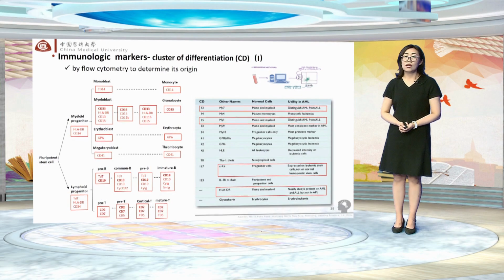For example, CD13 and CD15 can help distinguish AML from ALL, as well as specific subtypes. For example, CD41 and CD42 are only present on megakaryocytes. HLA-DR is present on AML and ALL, but not in APL.